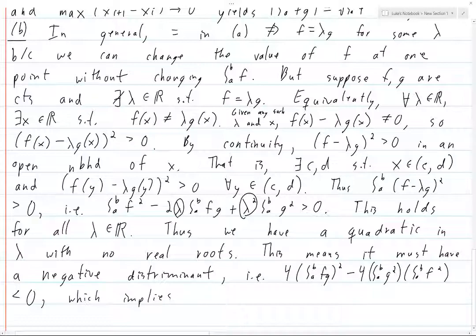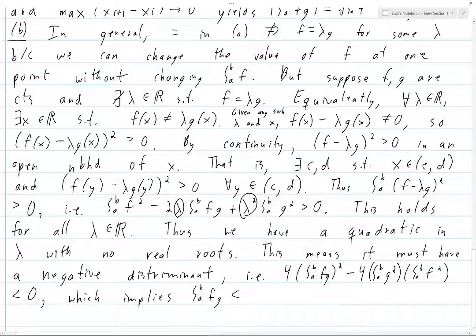Okay, and now what? So what we can do now is we take this minus 4 term and move it to the other side, and then we cancel out the 4's, and then we take the square roots of each side. On the left side, we'll have the square root of the integral from a to b of f times g quantity squared. So the square root and the square will cancel out, and we're just left with the integral from a to b of f times g.